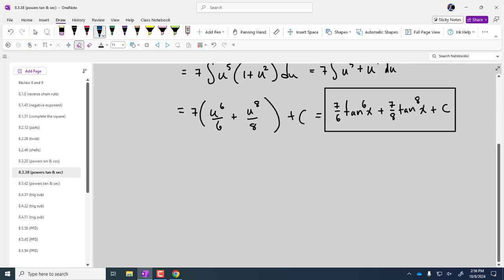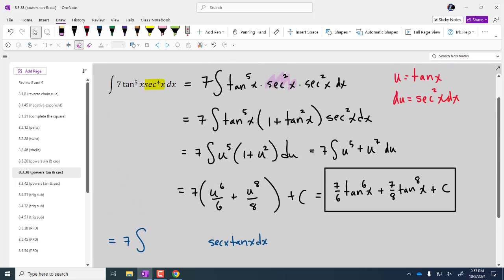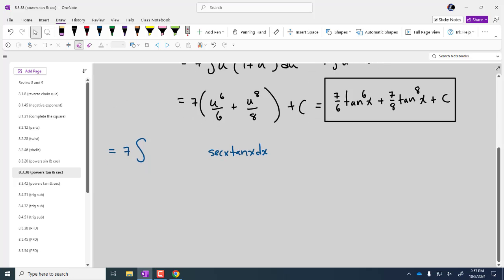We are going to have 7 integral. We're going to pull off a secant tangent for the differential. And the tangent's going to go down to the 4th. Secant's going to go down to the 3rd. So we have that.